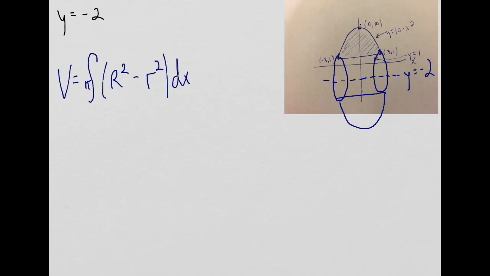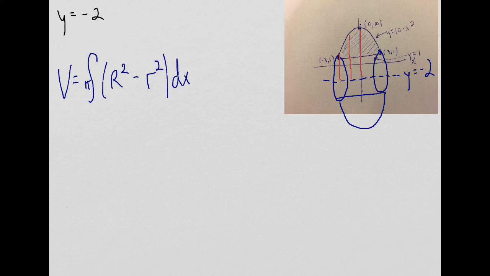Okay, so now it's a matter of figuring out what the big R and the little r are. My big R is the length from the top of the parabola down to that spot that I revolved around. So it could be this, it could be any of those things. Those lengths are all dependent on the x value that we're at. So at different x values, that red length is going to be a different length.